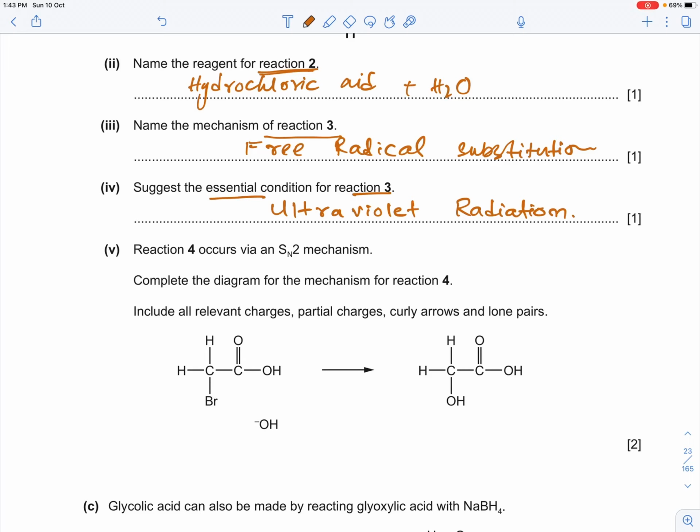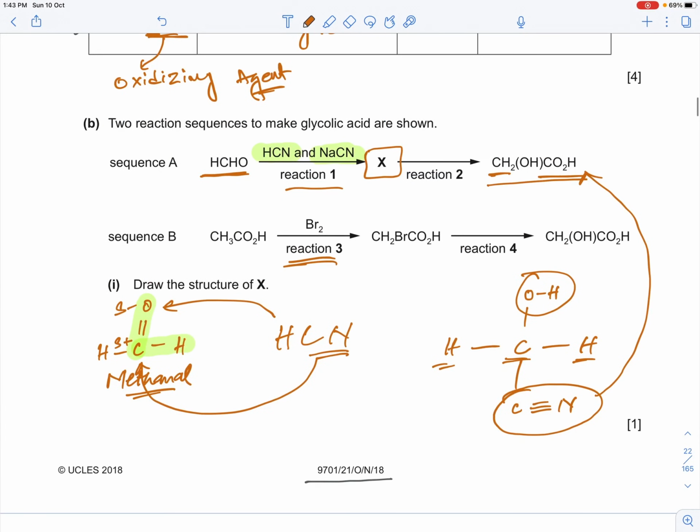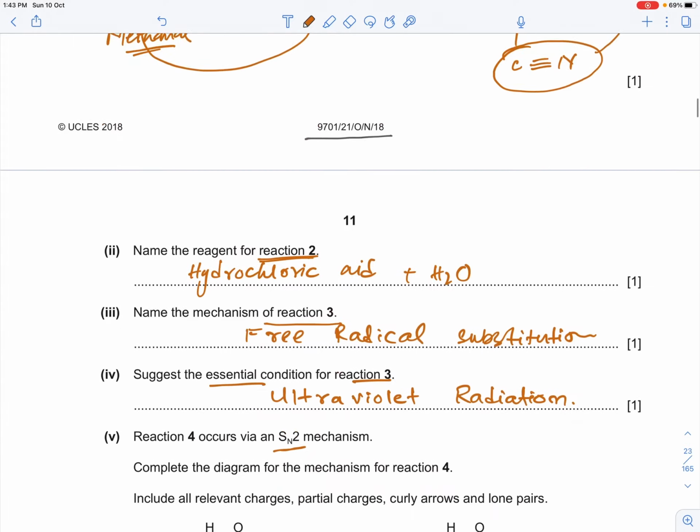Okay, so the next part is reaction 4 occurs via an SN2 mechanism. All right, so this is reaction 4. In reaction 4, you can see that Br is being replaced by OH. So this is a nucleophilic substitution reaction.